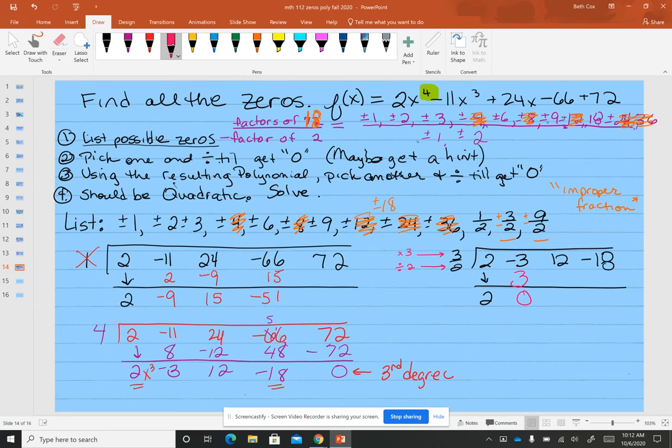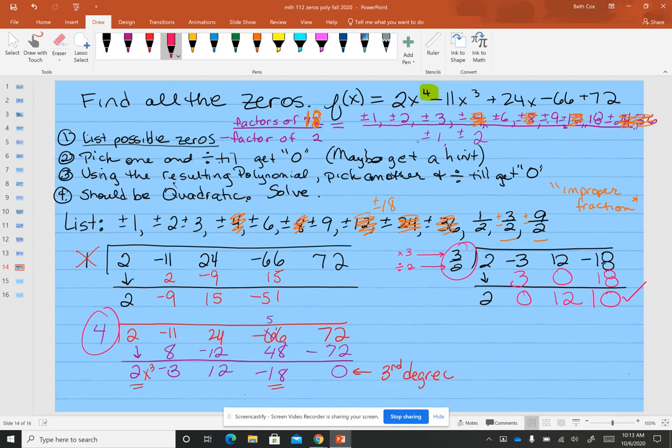And then I add. And then 0 divided by 2, 0, times 3 is 0, and I get 12. All right, and then 12 divided by 2 is 6, times 3 is 18. So it worked. Yes, this one worked as well. So this is an answer.